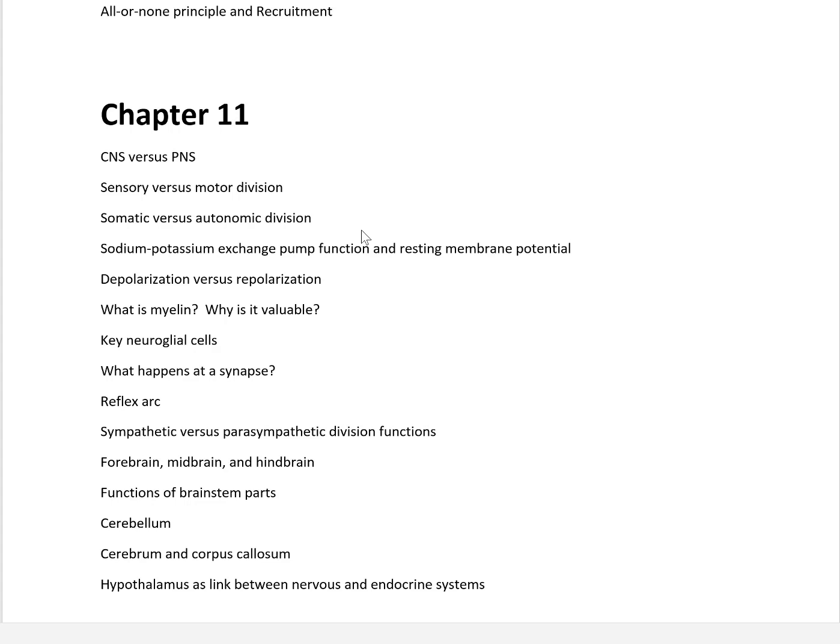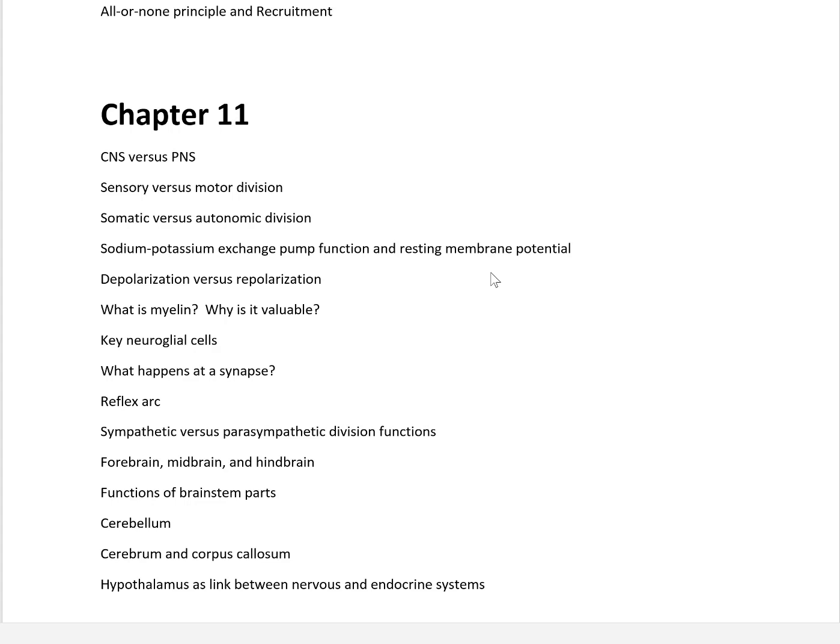So every time that the sodium-potassium exchange pump works, 3 sodium ions are being pulled out of this neuron and 2 potassiums are being brought in, which means that you're pulling something out of the cell, and as you're doing so, you're pulling out one more positive ion than you add in. So you're changing the polarity, or you're changing the charge, and that's what leads to the resting membrane potential.